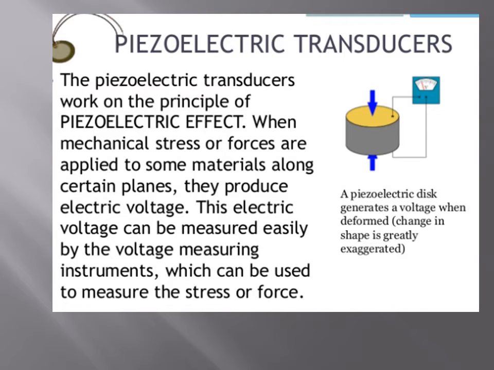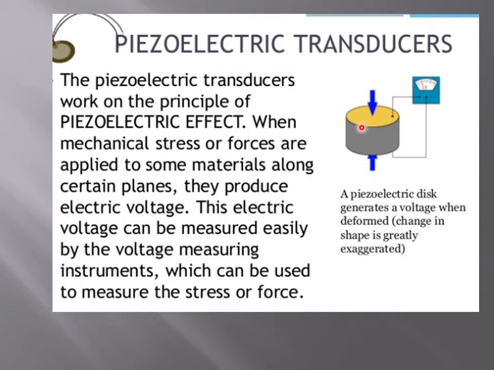Now let us see the piezoelectric transducers. They work on the principle of the piezoelectric effect. When mechanical stress or forces are applied to some materials along certain planes, they produce an electric voltage. This voltage can be measured easily by voltage measuring instruments, which can be used to measure the stress or force.